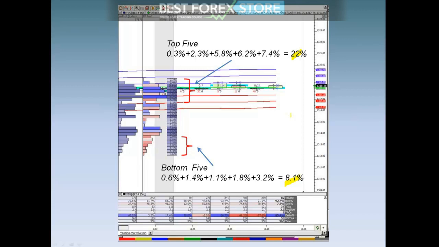And so we combine that with, again, looking at volume, looking at value area, looking at the rotation factor, and then you're going to develop what I've referred to in the past as a preponderance of evidence.